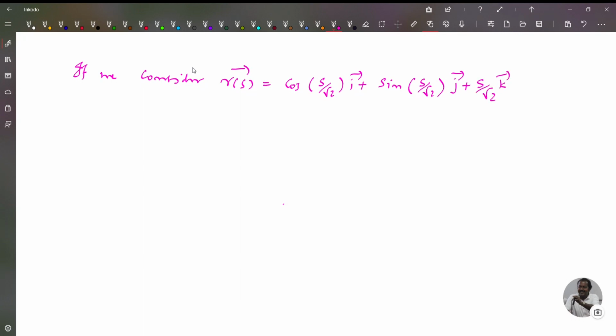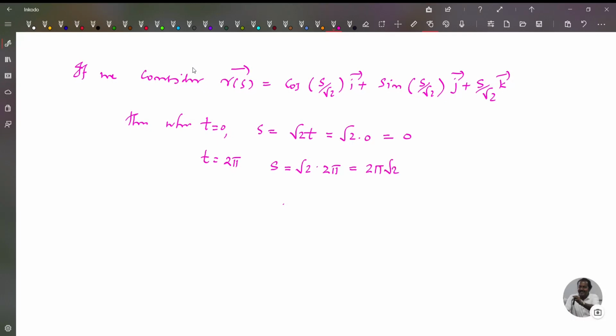then when t equal to 0, s is equal to root 2 t, that is equal to root 2 into 0, so that is equal to 0. When t is equal to 2 pi, s is equal to root 2 into 2 pi, so that is 2 pi root 2.